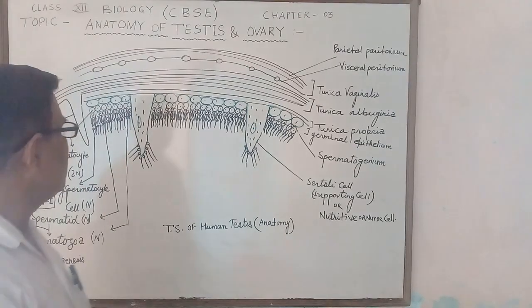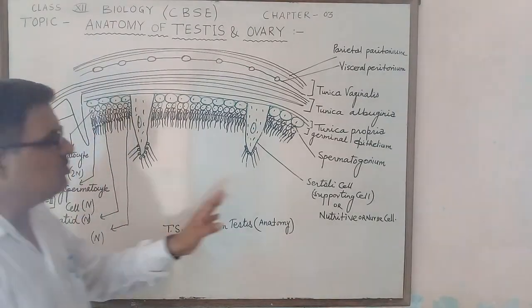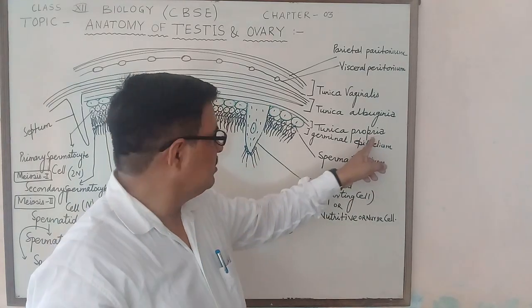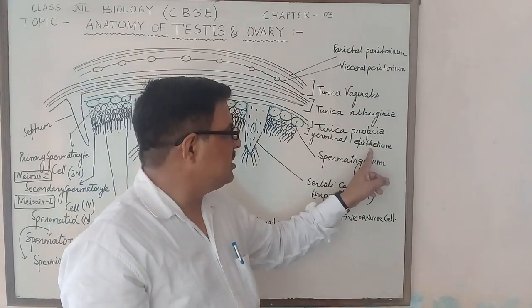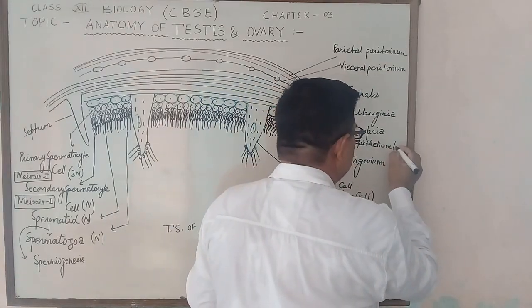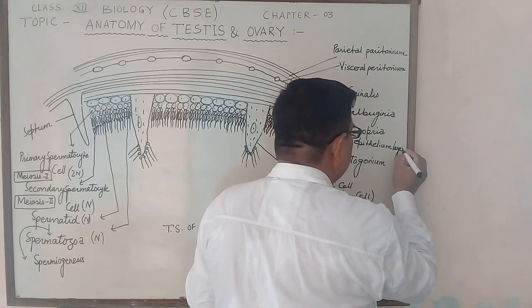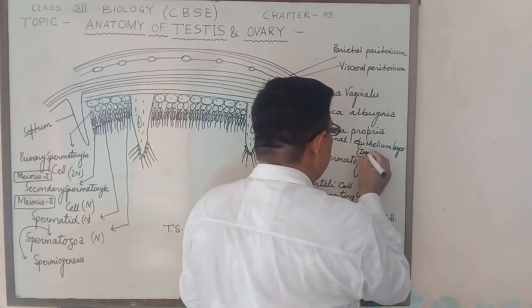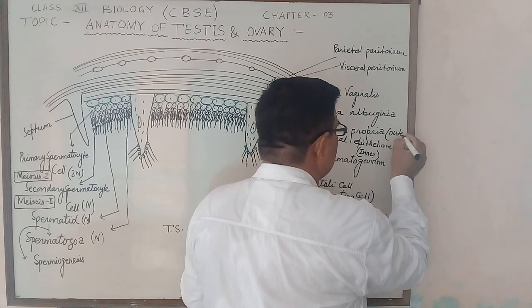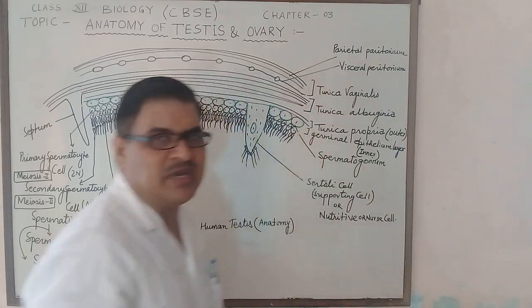Here the seminiferous tubule has an outer tunica propria and an inner germinal epithelium layer. So the germinal epithelium layer is inner and the tunica propria is the outer layer of the seminiferous tubule.